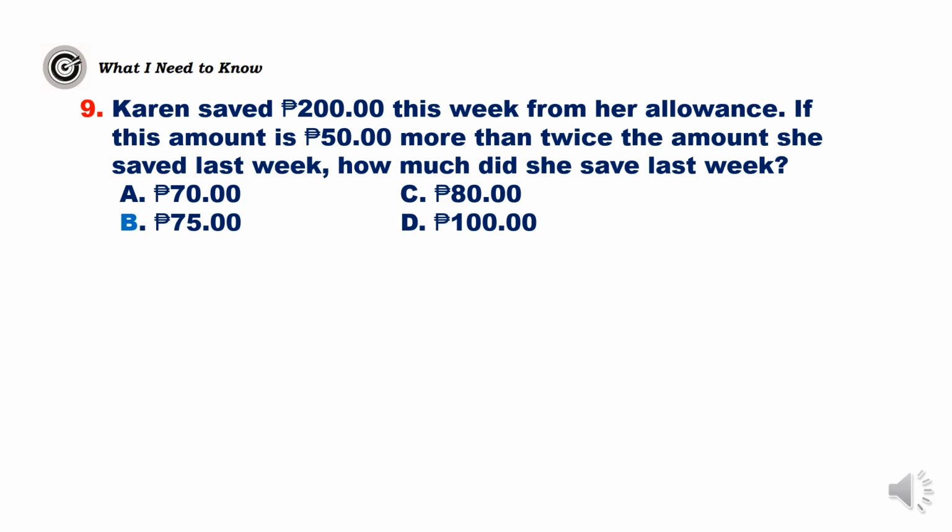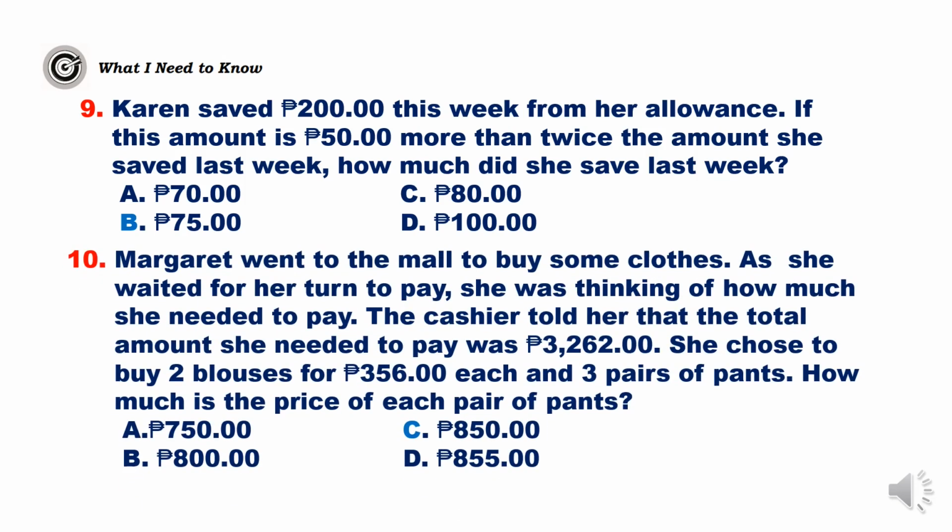Number 10. Margaret went to the mall to buy some clothes. As she waited for her turn to pay, she was thinking of how much she needed to pay. The cashier told her that the total amount she needed to pay was 3,262 pesos.